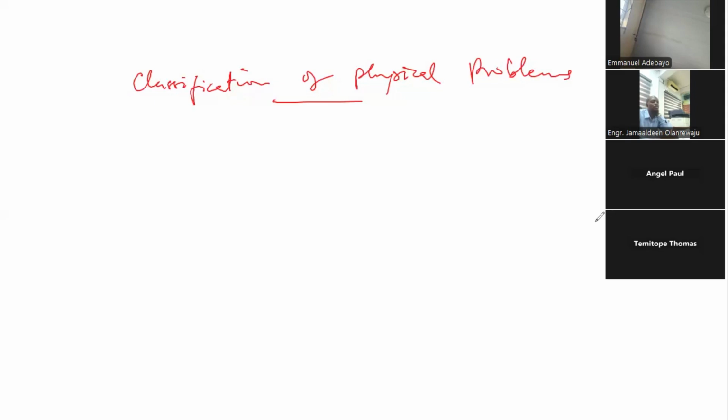Then we have some problems that could have multiple independent variables. So what do you think? So can you help us out? Or do you need some time to think through it? Okay, let's give you some time to think through it. So, Celestine, can Celestine help us out?